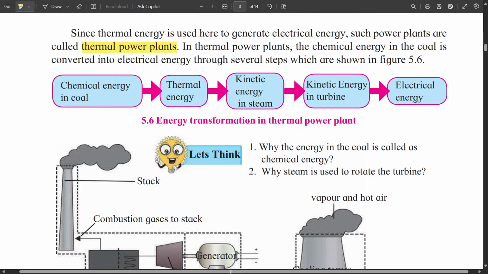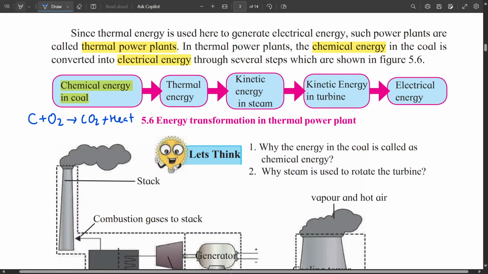In the thermal power plant, chemical energy in the coal is converted into electric energy through several steps. So first we have chemical energy of coal. Coal is burnt in air. It reacts with oxygen in the air to produce carbon dioxide and heat.